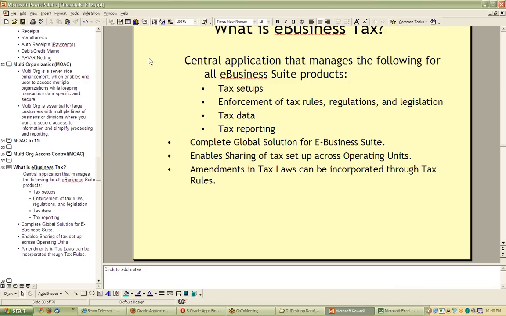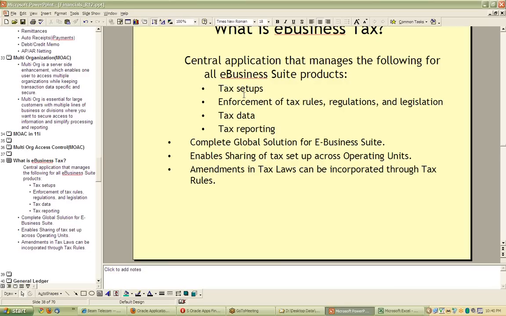We deal with transaction tax. We don't deal with income tax or wealth tax, no personal taxes. We only deal with sales tax, VAT, excise duty. Only transaction taxes, taxes on business transactions, business taxes.